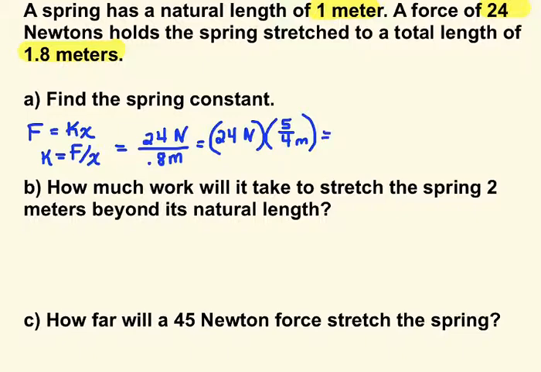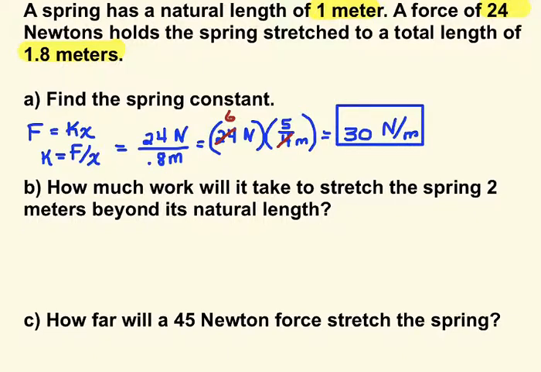And this becomes, 4 goes in once, and 4 goes in 6 times, and we get 30. 6 times 5 is 30, and the units are newtons per meter. That's our spring constant. So this is our first answer. We just found the spring constant.